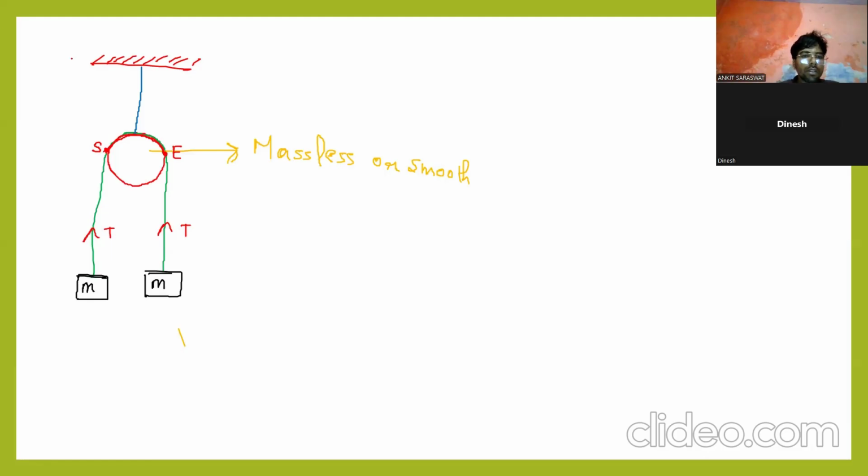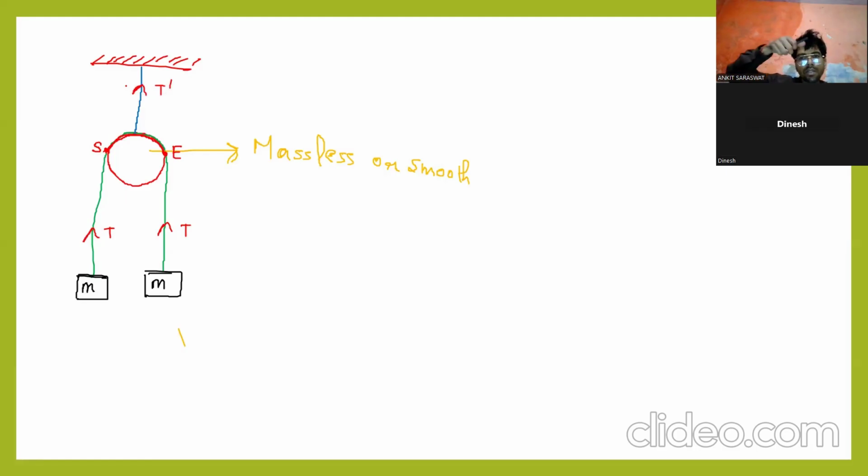If I ask, what is the tension here? It will not be same. Here, this string is different. This string is different. Clear? Here, tension is like this, T dash.